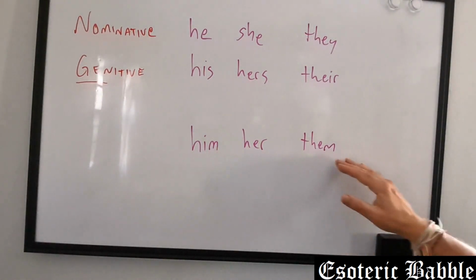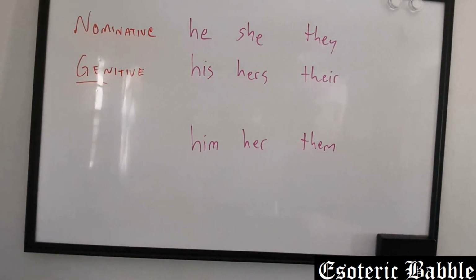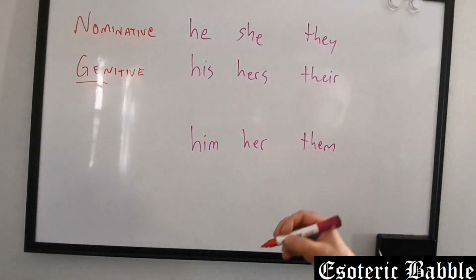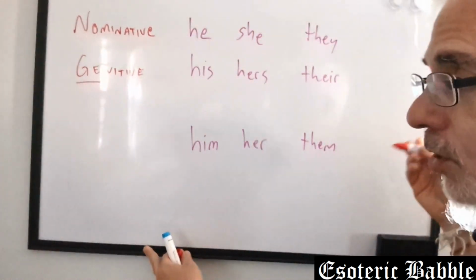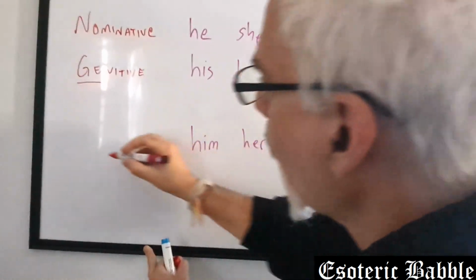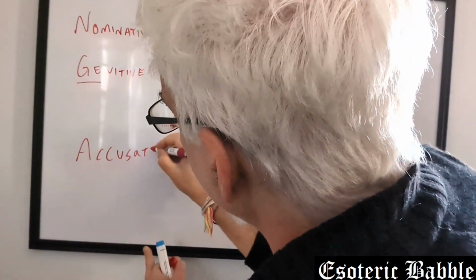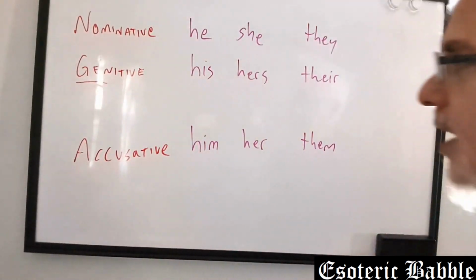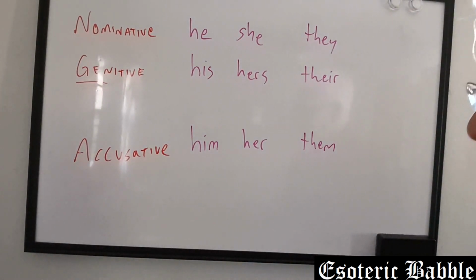So these kind of receive the action of the verb, or the recipients of the verbal action. And when that is the case, when a word in ancient Greek is in this form, it's said to be in the accusative case. There you might think about accusing someone. That person is the recipient of an accusation, right? That might help us remember.